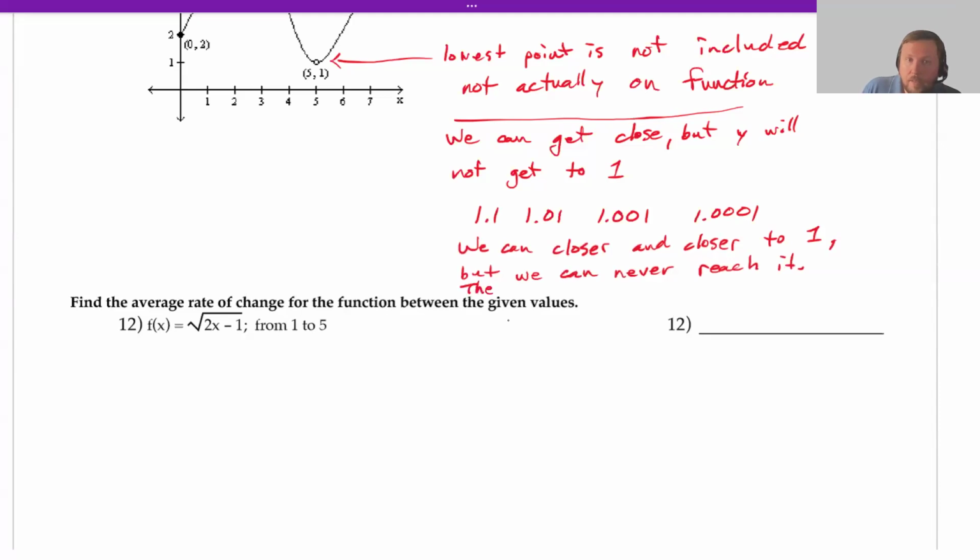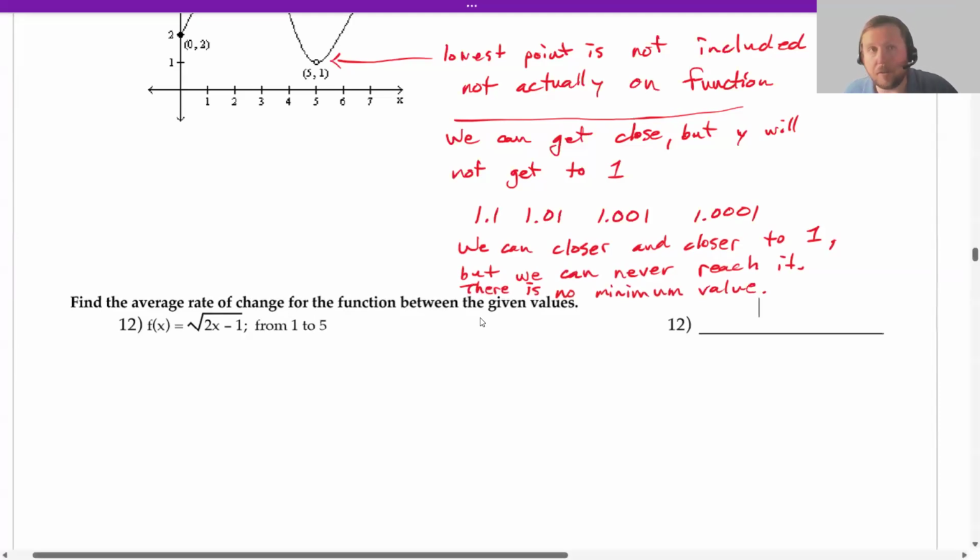There is no minimum value, so there's no absolute minimum. If you give me a number, we can play this all day where we get closer and closer to 1 without ever getting there. We know 1 is at the bottom, but we can never get to 1.